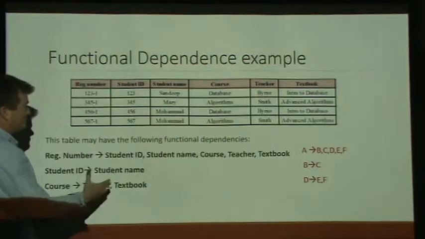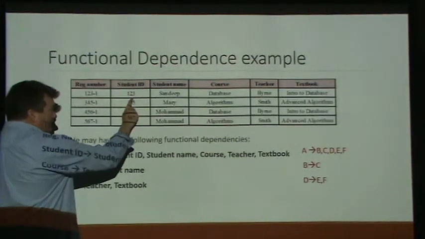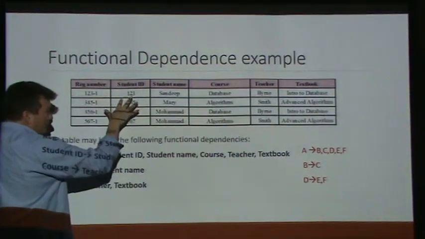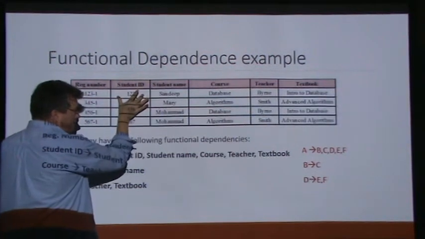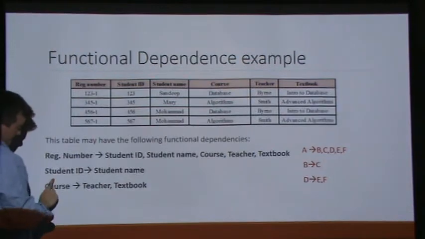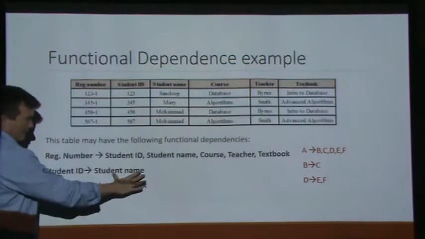Okay. Now it turns out that if I know the student ID, without knowing what they're registering for or anything about courses, I can tell you the student's name, just from the ID. So column student ID tells us the student's name.